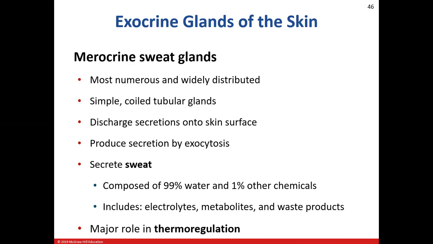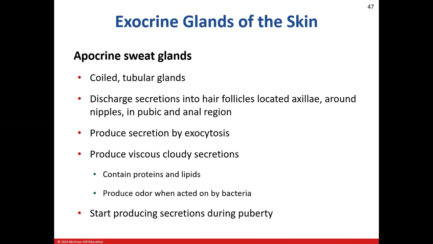So our merocrine or eccrine sweat glands are what we typically know as our regular sweat glands. Sweat is typically composed of about 99% water and 1% other chemicals, which can include electrolytes, metabolites, as well as waste products. The major function it has is the role that it plays in thermal regulation and regulation of body temperature.